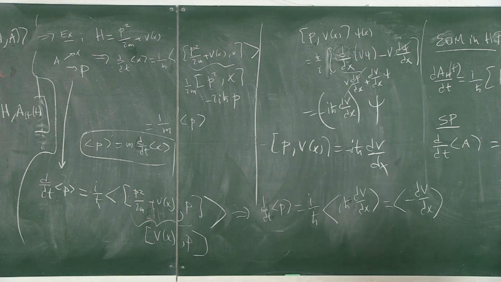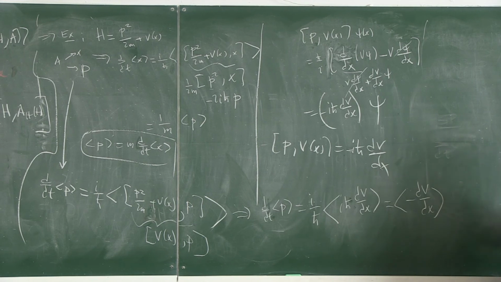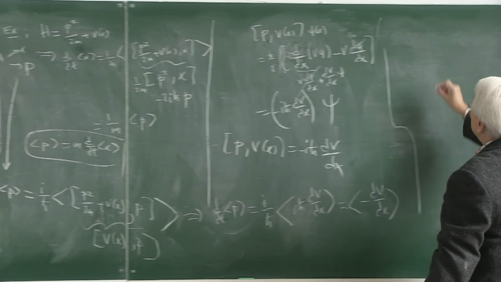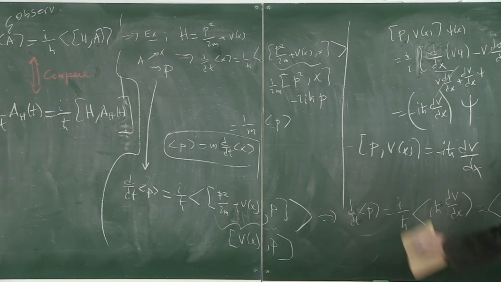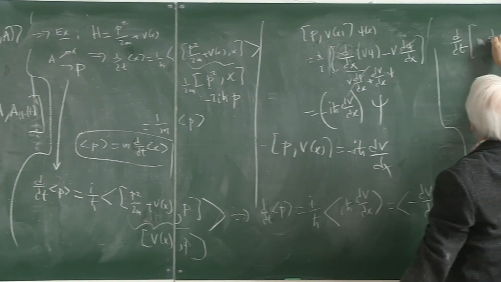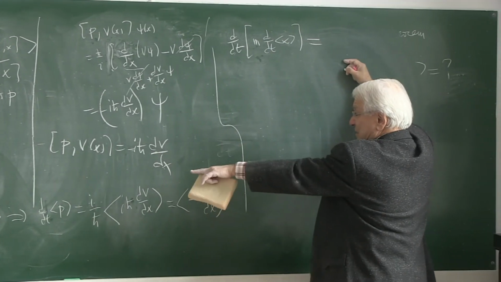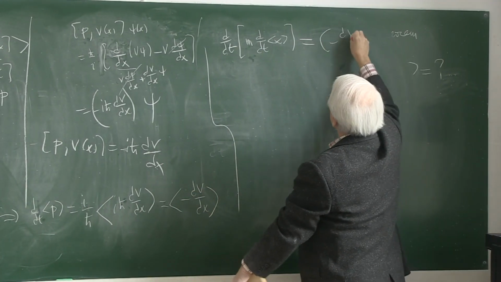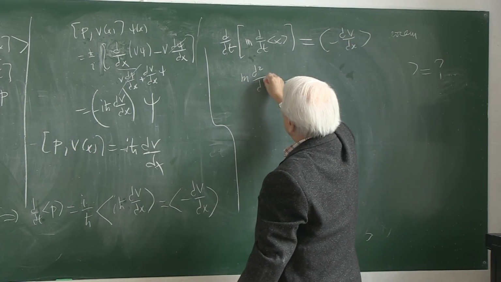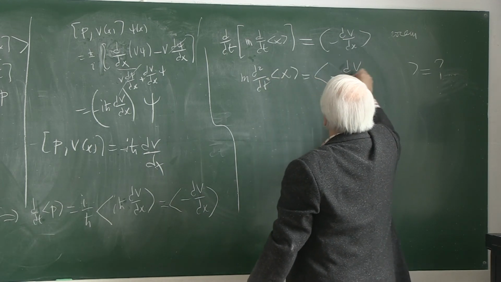What was p? Let me use the first equation. d by dt is the left-hand side of p. p is m times d by dt of x. That's the new left-hand side now. Minus dV dx. Or this one is m d squared dt squared of x is minus dV dx.